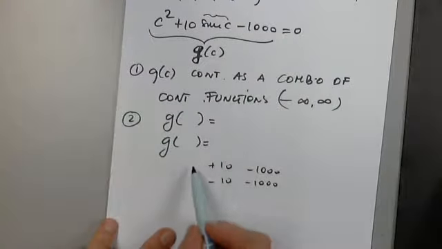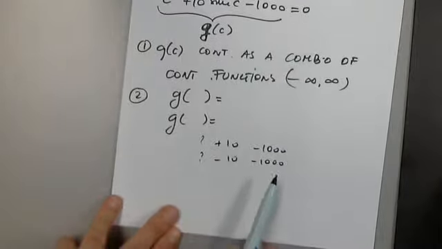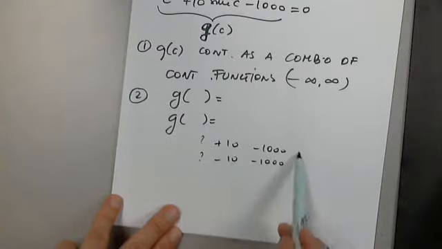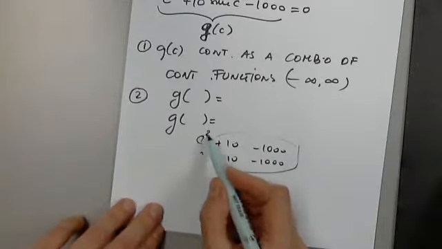Now it depends on what I plug in here, right? So this is close to negative 1,000, and this is negative 1,000, very close. So these are both negative 1,000, roughly. Now c squared can be anything between 0 and infinity, because no matter what I do to c, it's c squared.